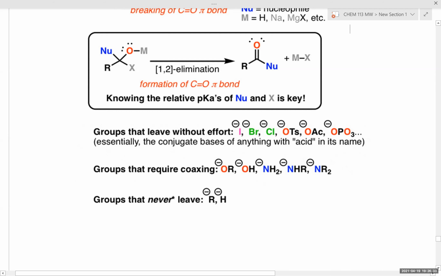Is everyone starting to see why some of these reactions that we've looked at, for example, preparation of carboxylic acids via hydrolysis, when we hydrolyze an amide, may require changes in conditions?